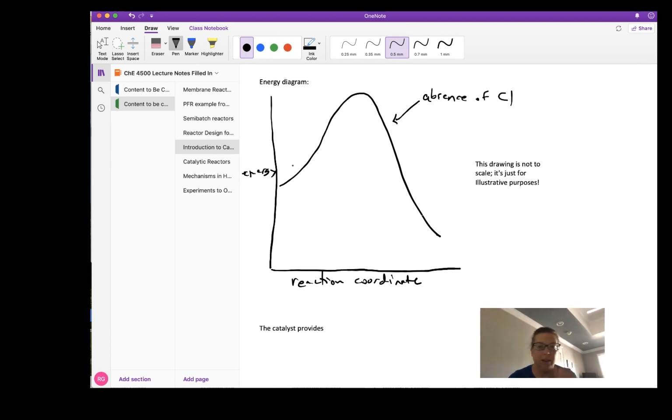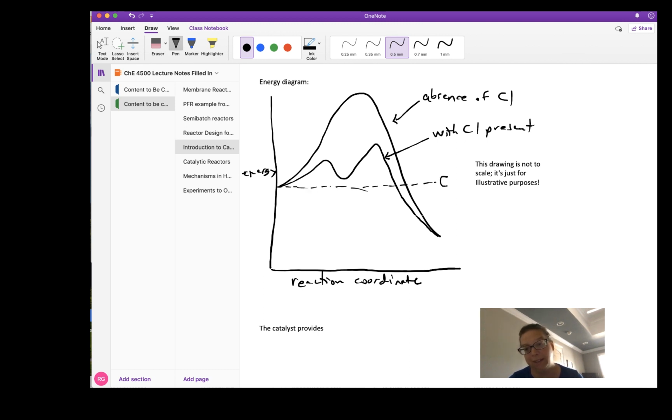And when we have chlorine present, then we have something that looks like this. And this drawing is not to scale. It's just for illustrative purposes. We'll say all energies are relative. We'll say this is the 0 line.